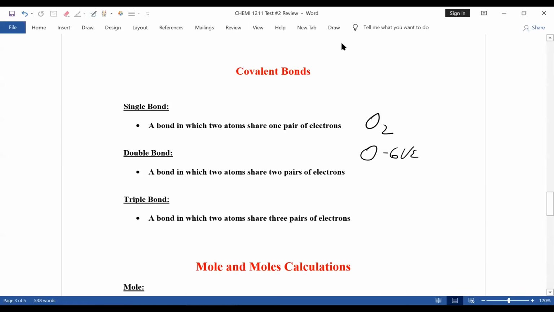Let's do this. How do we do it? Well, if we look at oxygen, the Lewis structure is this.